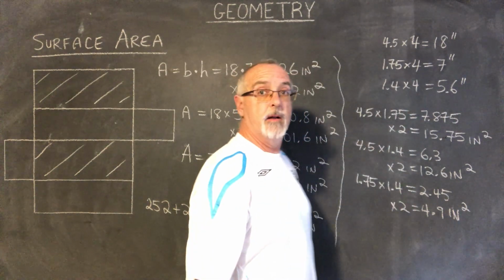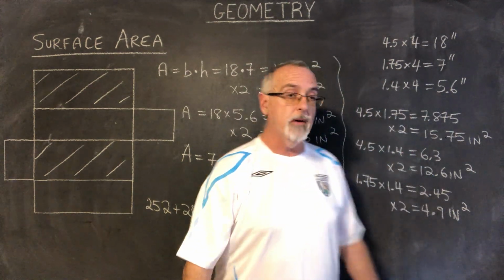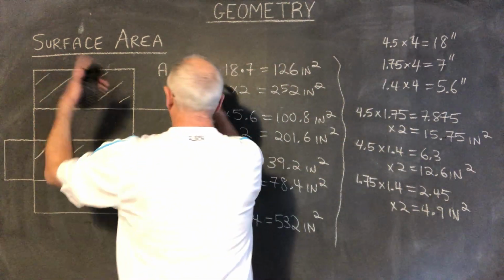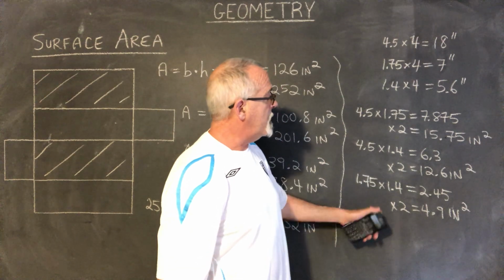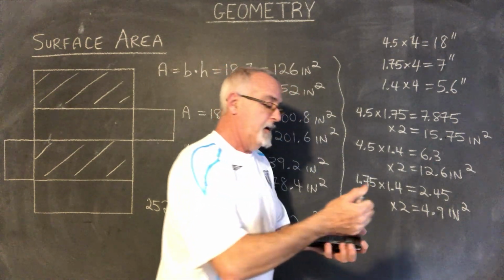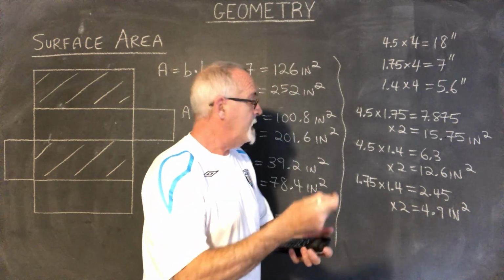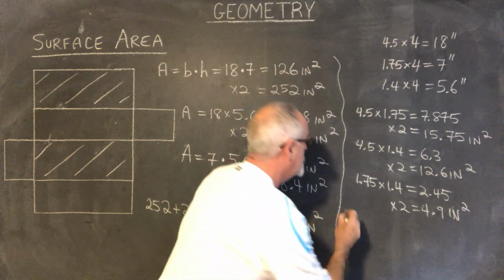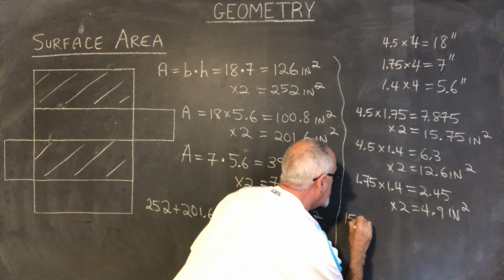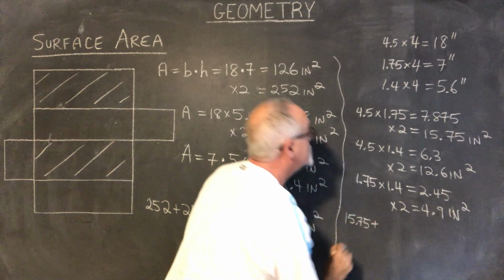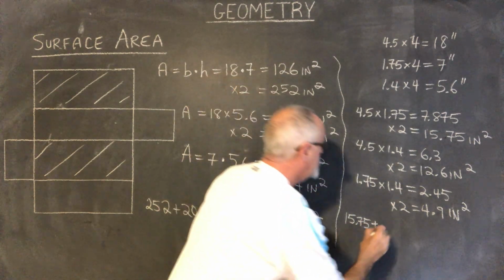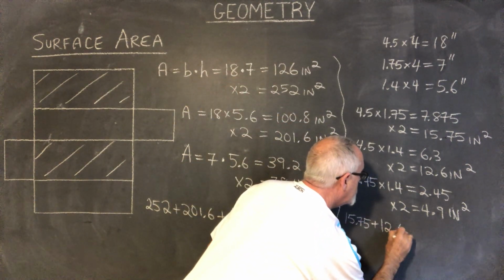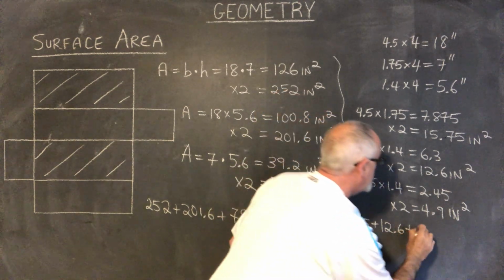I am really running out of room on this chalkboard wall. I may have to do a calculation in the middle of my drawing at the end, but I am going to be able to add these together. More chalk, please. And that will be 15.75 plus 12.6 plus 4.9.